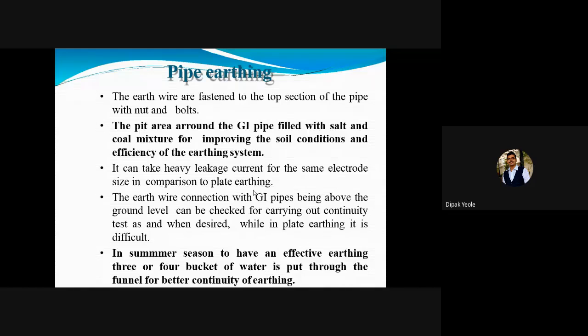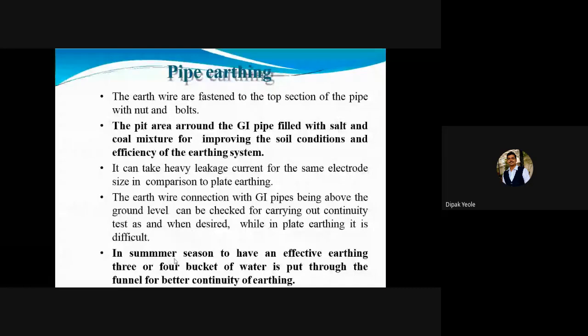The earth wire connection with GI pipes being above the ground level can be checked for carrying out the continuity test when desired, while in plate earthing it is difficult. आपण ह्या पाईप अर्थिंग मध्ये कंटिन्युटी टेस्ट सुद्धा करू शकतो, आणि प्लेट अर्थिंग मध्ये कंटिन्युटी टेस्ट करणं तेवढं डिफिकल्ट आहे.